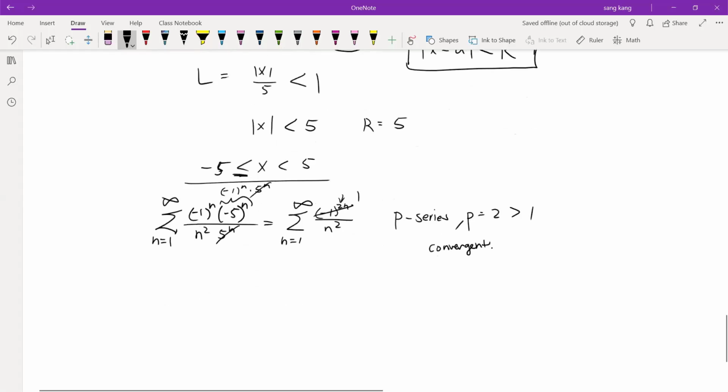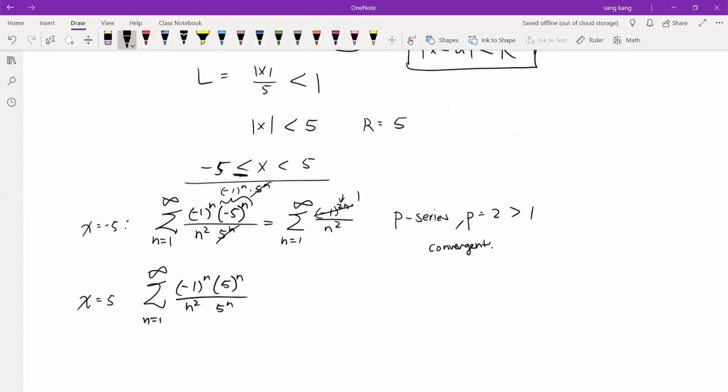Now we check our other endpoint, x equals 5, in the series over n squared times 5^n. Again, we can cancel out the 5^n, and we're left with (-1)^n over n squared. Really nothing changes here.